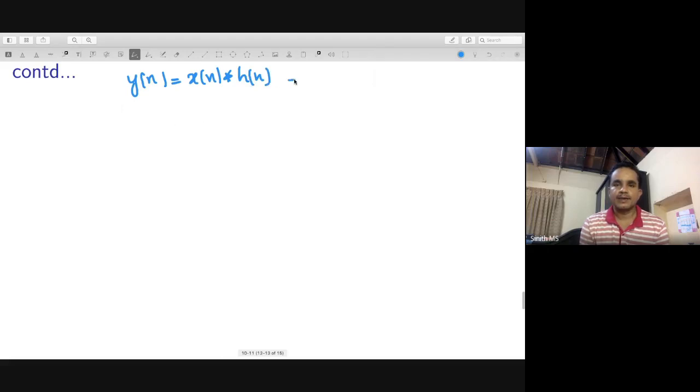This is represented as sigma k equal to 0 to infinity. If the signal has values in the negative region, that also will be included. So x[k] h[n minus k]. So this is the equation for convolution.